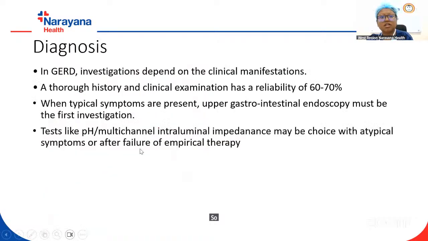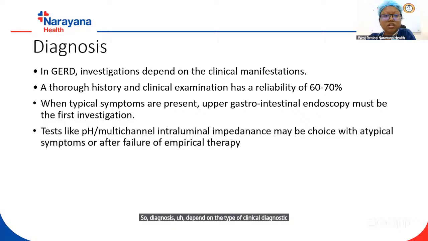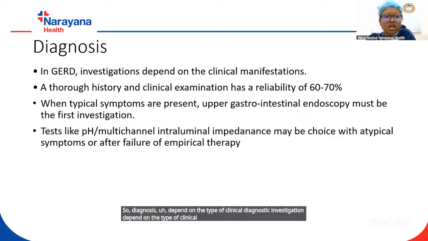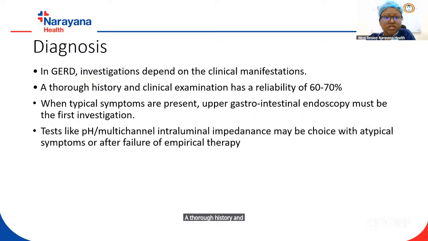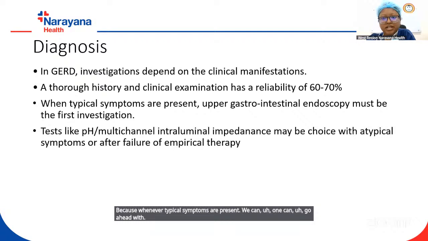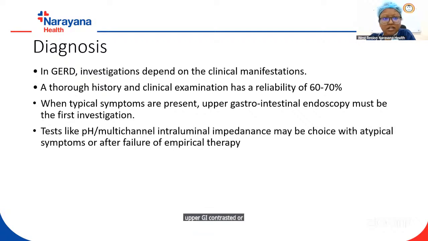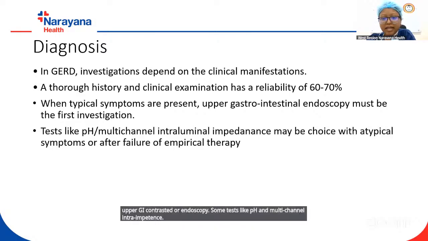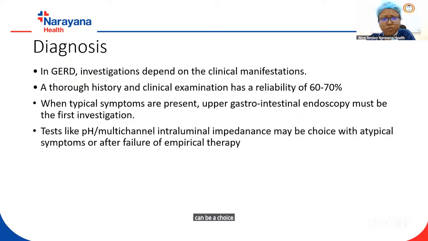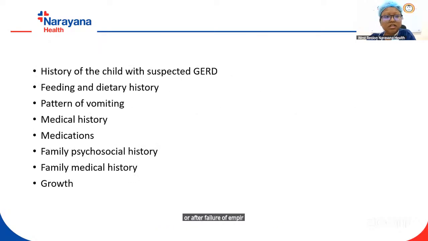The diagnostic investigation depends on the type of clinical manifestation. A thorough history and clinical examination has a reliability of 60 to 70%. Whenever typical symptoms are present, one can go ahead with an upper GI contrast study or endoscopy. Tests like pH and multichannel intraluminal impedance can be a choice in cases of atypical symptoms or after failure of empirical therapy.